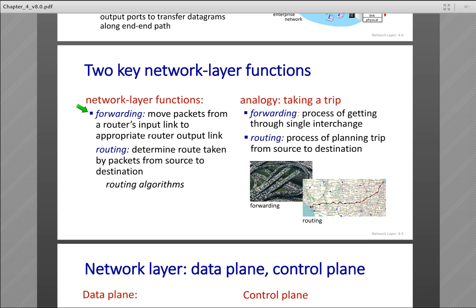If I make an analogy, it is like finding a path for a trip. Firstly I should find a path, and then I should move along that path toward the destination.